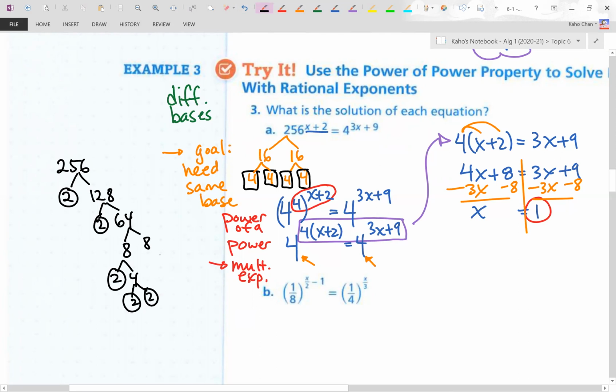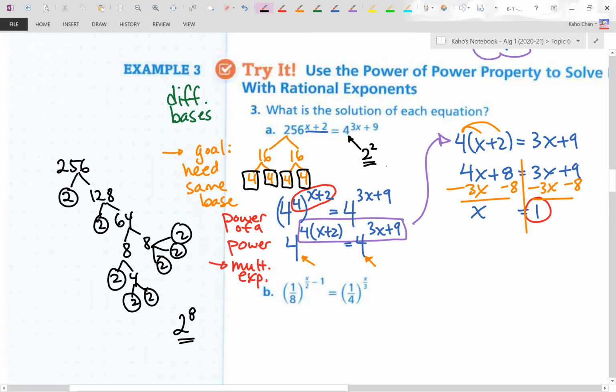And 4 didn't have to be used. You could have used 2. You notice those 2s right there? 256 is 2 to the 8th power. You could have used base 2 if you want to. And you can always break down the 4 over here to 2 squared if you want to. So that's another way of doing that.